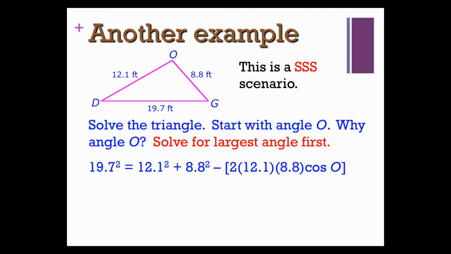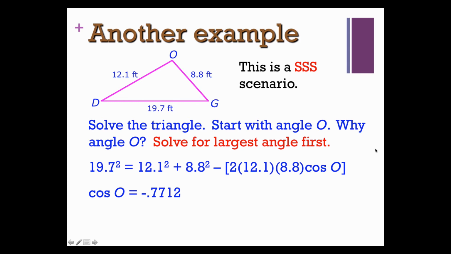My Aunt Sally will be upset if you make that mistake. Please excuse my dear Aunt Sally, also known as PEMDAS, which is the order of operations. What you're actually going to do to solve this problem is take 19.7, square it, subtract 12.1 squared, and subtract 8.8 squared. Then you'll have a number on the left side and this stuff left on the right side, and go from there.